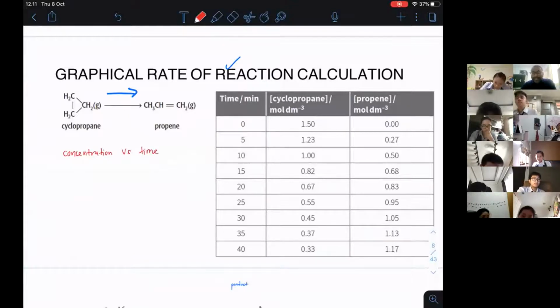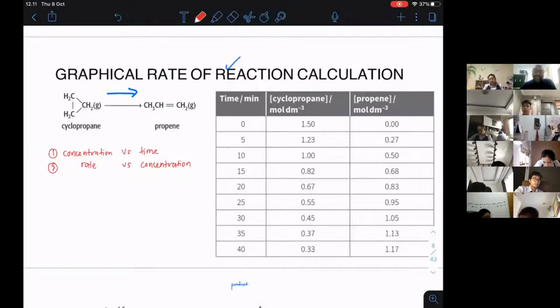Another important thing they found out is that the rate versus concentration graph is also important. I hope you understand this. These two graphs are going to tell us something. We can predict how certain reactions proceed.